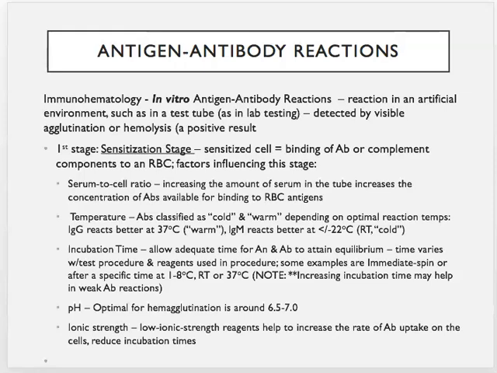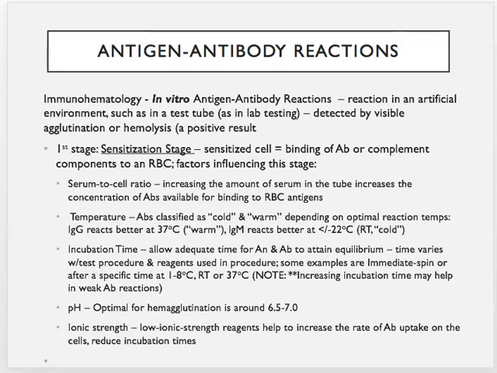We have to allow adequate time for that antigen and antibody to attain equilibrium. That adequate incubation time can vary depending on the test procedure and the reagents that you use. Some examples could be the immediate spin portion of the testing, possibly also after a specific time.